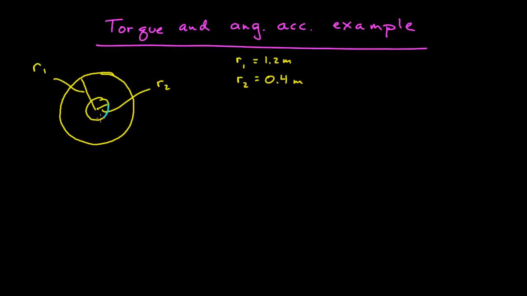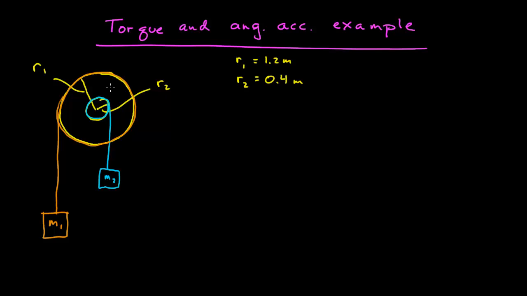There's a string wrapped around the inner pulley, and hanging off it is a mass we'll call M2. And there's another string wrapped around the larger pulley, and it's attached to a mass we'll call M1.